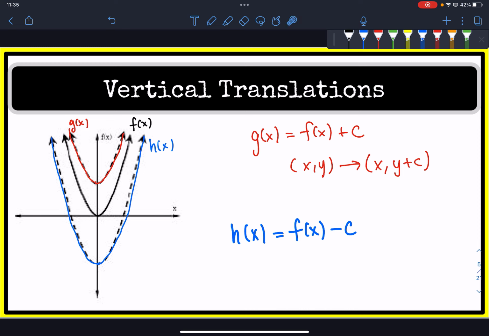So we slide it downwards, and all of these points get slid downwards by c units, and that's expressed mathematically by subtracting a constant from that function. In terms of x and y coordinates, we keep the same x value, but subtract this value that we're sliding downwards from all of the y values.